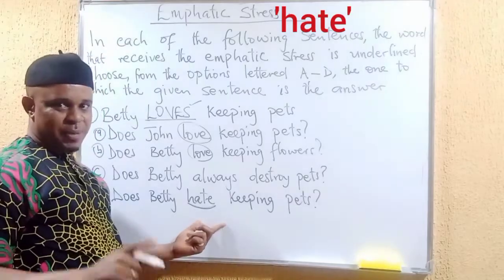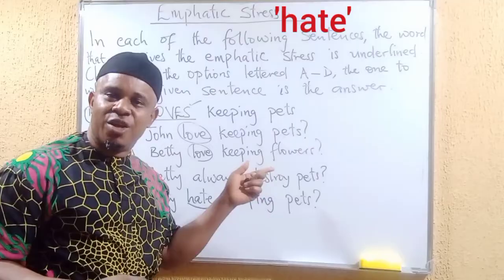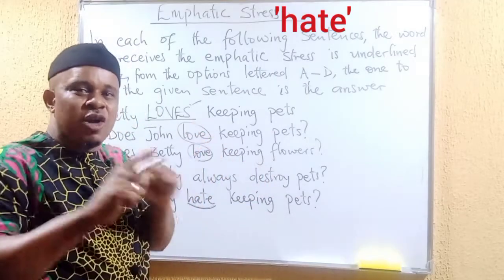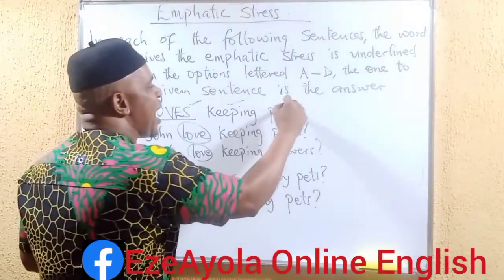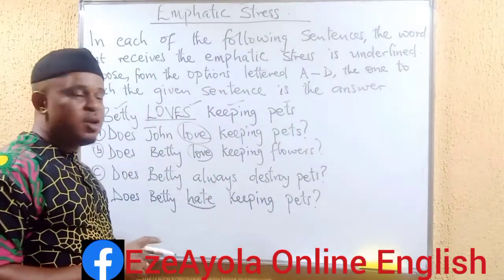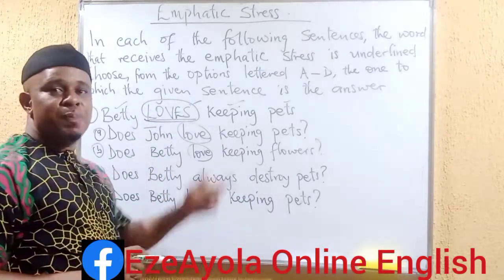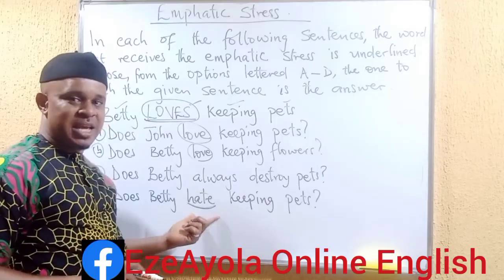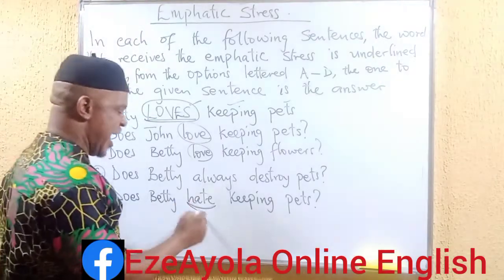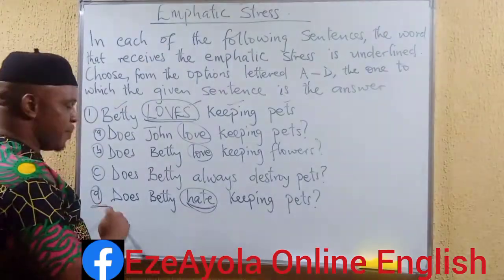And that should be our answer, because what we are looking for is the contrast of the word under emphasis. Please, not the words that are there as part of the expression, but the one particularly that has been underlined to be the particular word under emphasis. We look for its contrast. And the contrast here should be hate. And because of that, that should be our answer, number D.